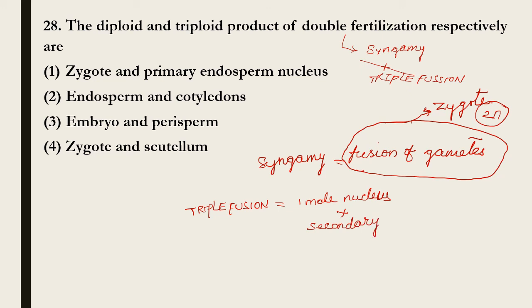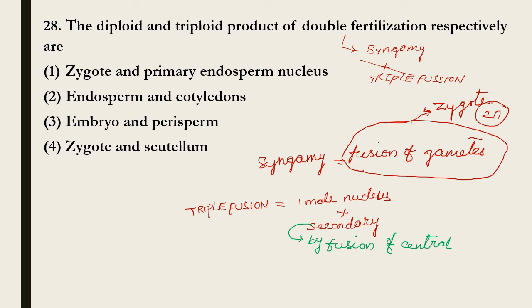We all know very well that this secondary nucleus is formed by the fusion of central nuclei, that is, the two polar nuclei present in the central cell.